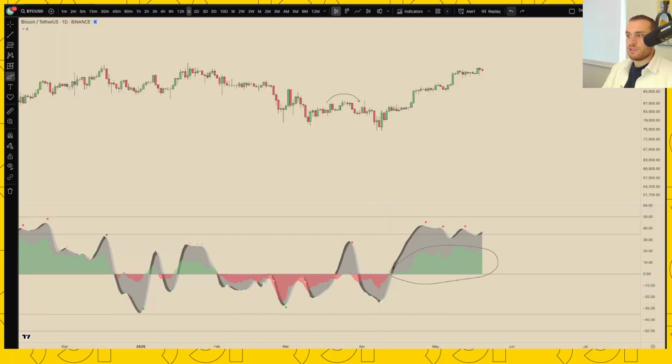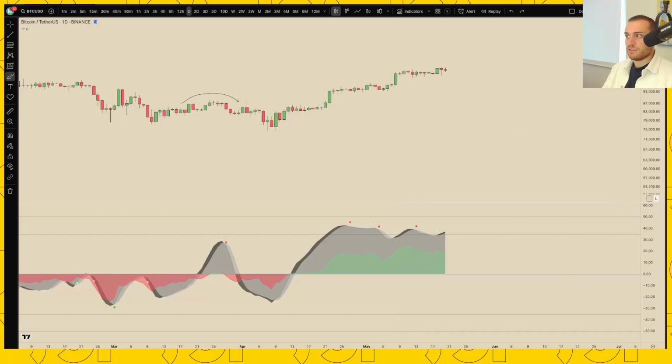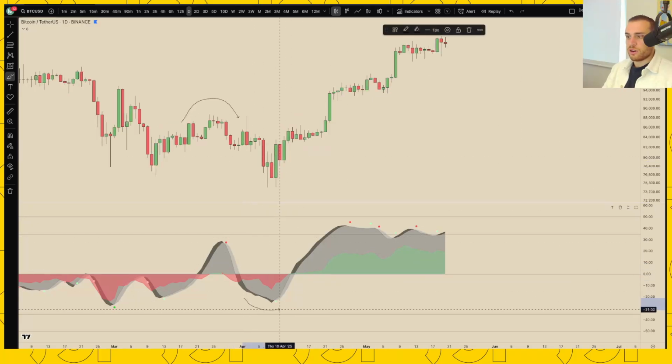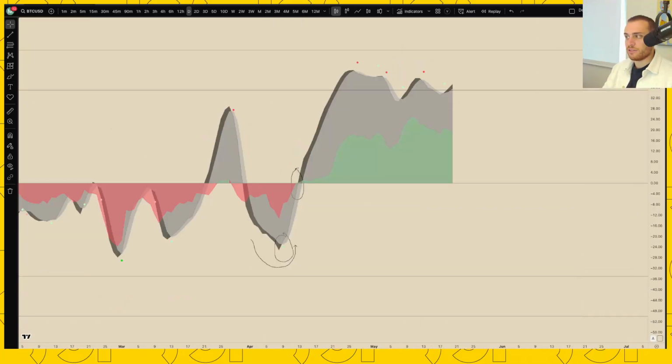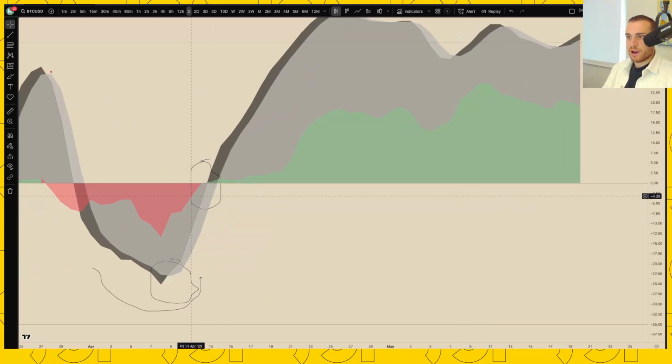So you can use these together and say, okay, let's take a look at this. We're starting to curl up here, RSI wave is red, we're super bearish. We get a bullish cross, right, signifying the end of our zero wave to the downside. It starts to curl up, gets back above the zero line, and look what happens. Our RSI secondary supporting cloud, I'll zoom in here, flips from red to green as well.